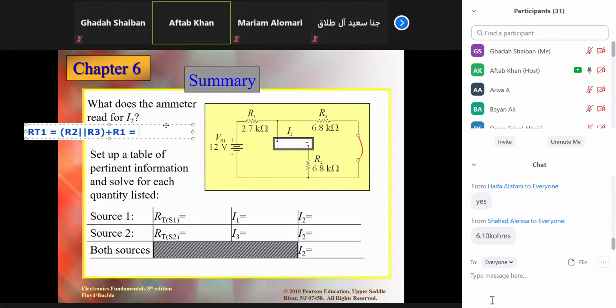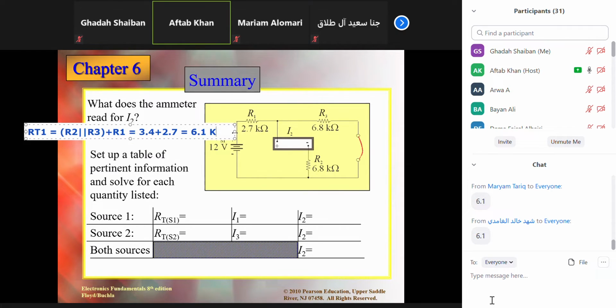Those are in parallel. You can see simply they are equal value, so their value will be exactly half, that is 3.4. So you can say 3.4 plus 2.7, just add it. Yeah, 6.1 kilo ohm. This is the way.